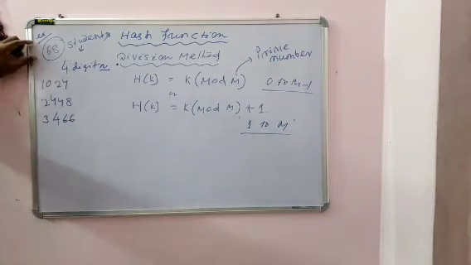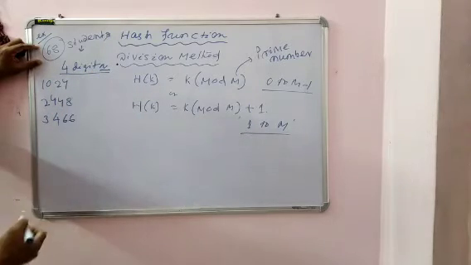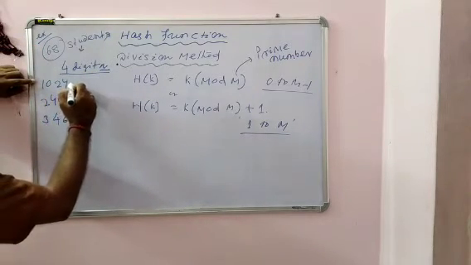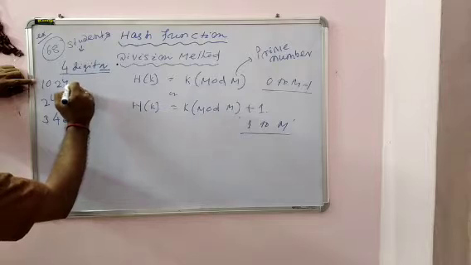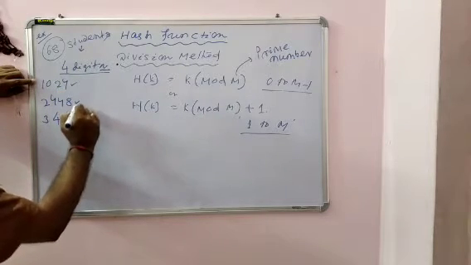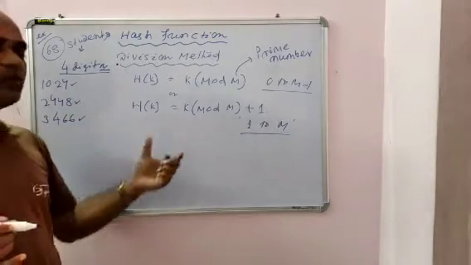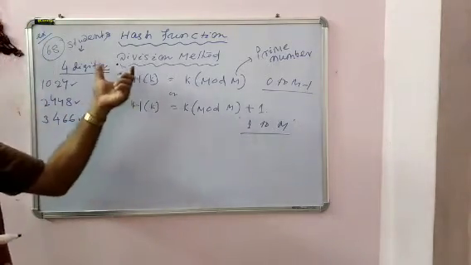So in a class there are 68 students, and each student is allocated a 4-digit number. Suppose some students bear roll numbers 1024, 2448, and 3466. We have to calculate the memory location by putting in the hash function, the division method.